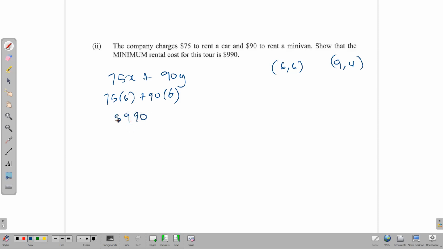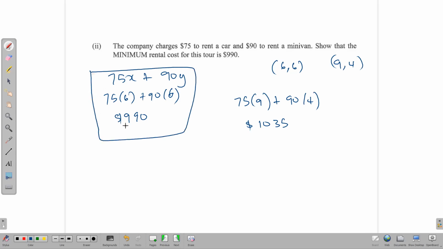And the other option, 75 times 9 plus 90 times 4, when we work that out, we end up with $1,035. So for the options that carry exactly 60 people, the first one is the cheaper one, the minimum. The option, of course, is 6 cars and 6 minivans.